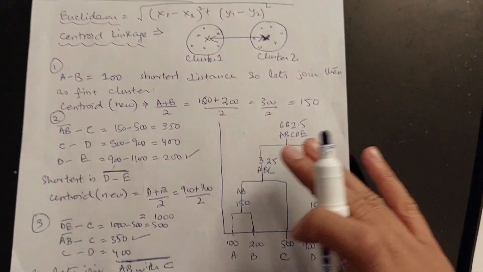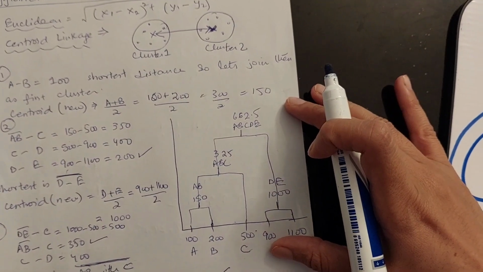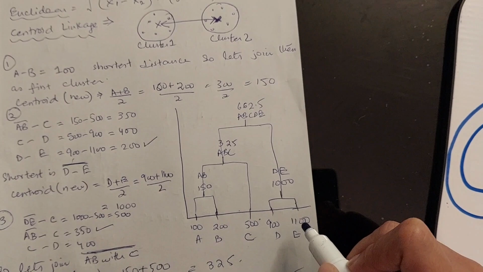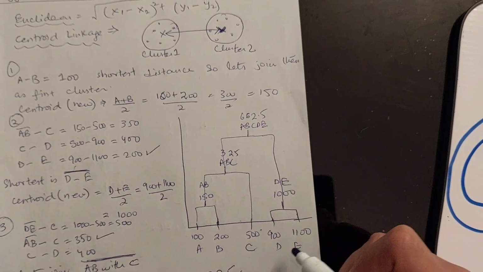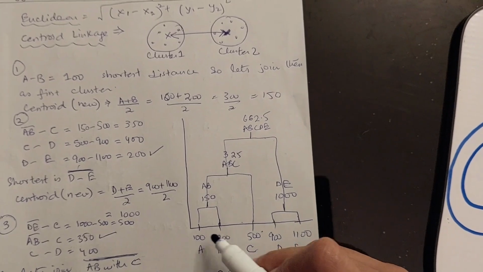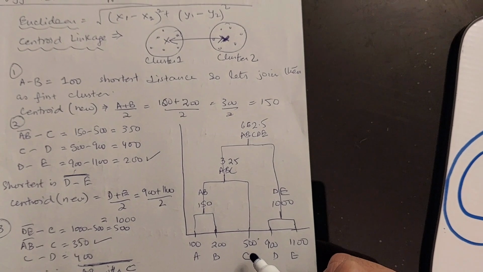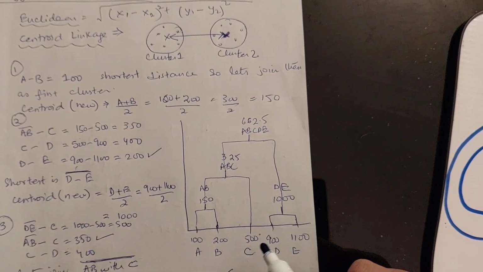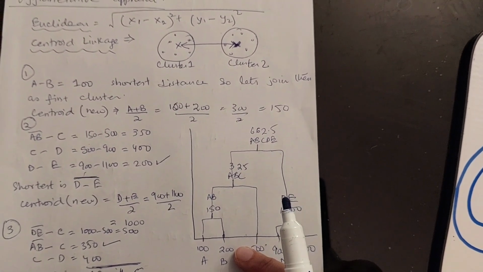So you can write it down and you can make basically a dendrogram. A dendrogram is a diagram in which you place all these clusters on the x-axis. I have placed A, B, C, D and E here, and I have placed their values as well. This is 100, this is 200. This is not placed as per scale, this is placed just randomly. So you can write 500 here and you can even write 500 a little bit on that side.